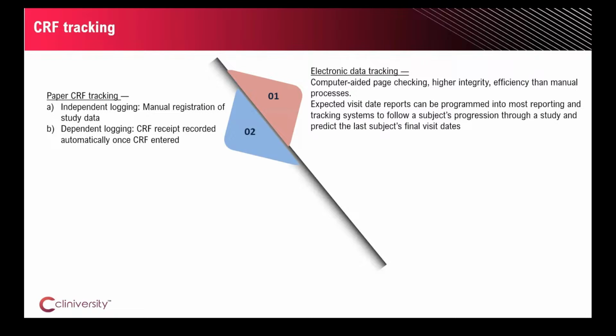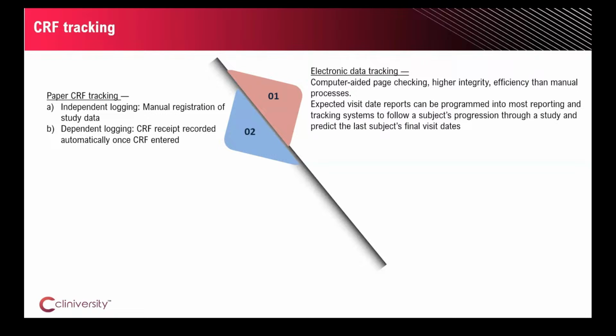In this approach, personnel manually register the study data and the data that has been received. Now, the data receipt may be recorded in the CDMS, although there could be other tracking mechanisms or systems in place as well. In dependent logging, this is more of an automatic approach.